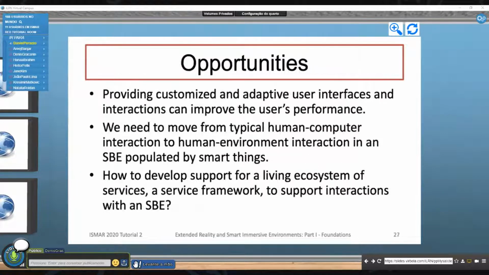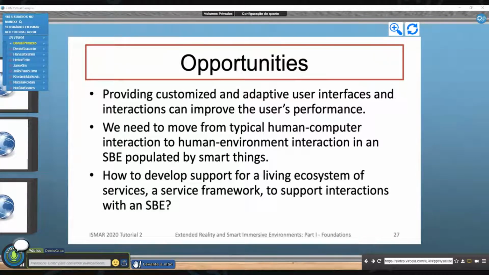So that provides various opportunities, having customized and adaptive user interfaces and interaction in order to improve user performance, and then moving away from human-computer interaction to human-environment interaction. Now, it's looking at the holy grail of human-computer interaction, disappearing user interface, where space around us is the interface, and also our body is our interaction device.